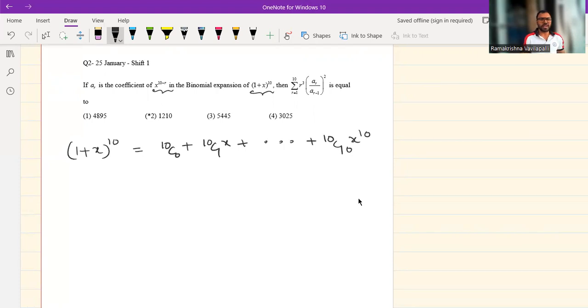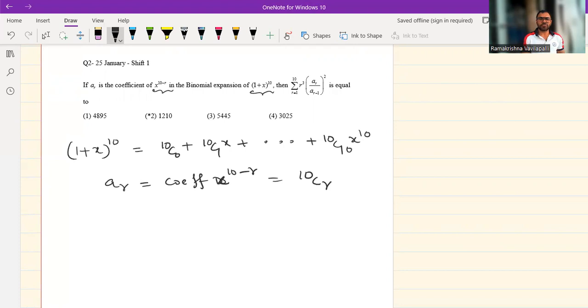So therefore A_r equal to the coefficient of x^(10 - r). This is nothing but simply 10Cr. So A_r equal to 10Cr.